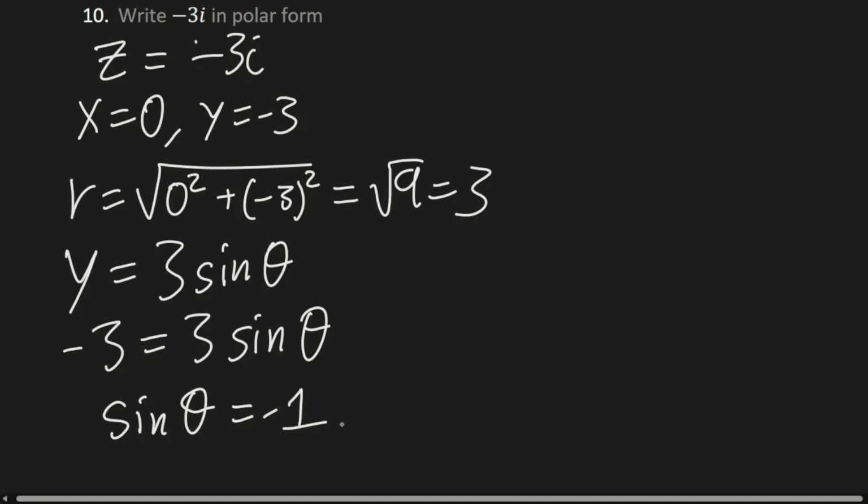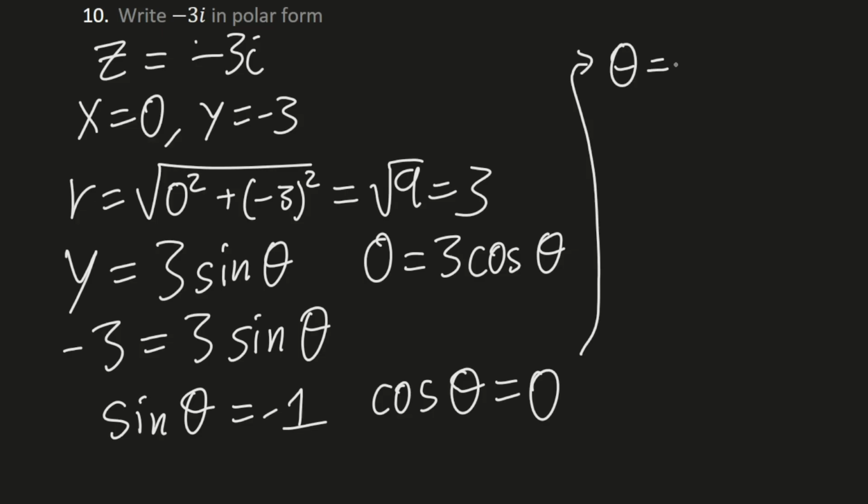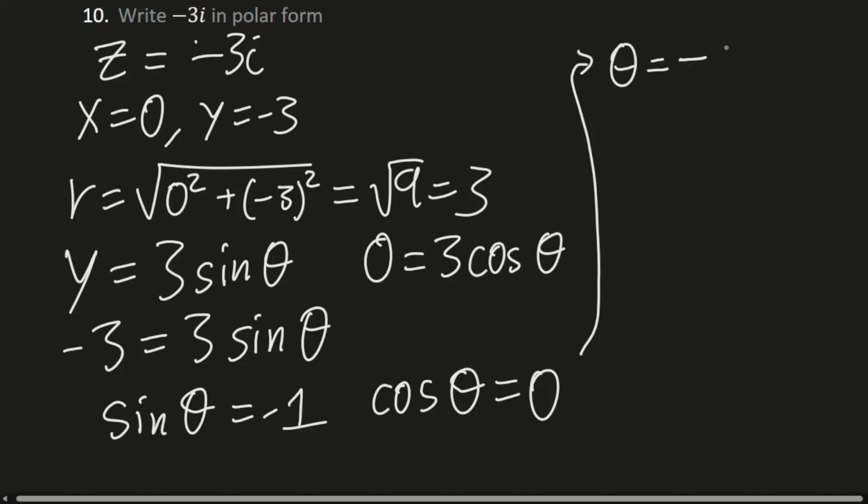And then we can also do 0 is equal to 3 times cosine of theta. And so that would just be cosine of theta is equal to 0. So we find the value of theta that is negative 1 for sine and 0 for cosine, which would be negative pi over 2. So the resulting equation would become 3 times cis negative pi over 2.